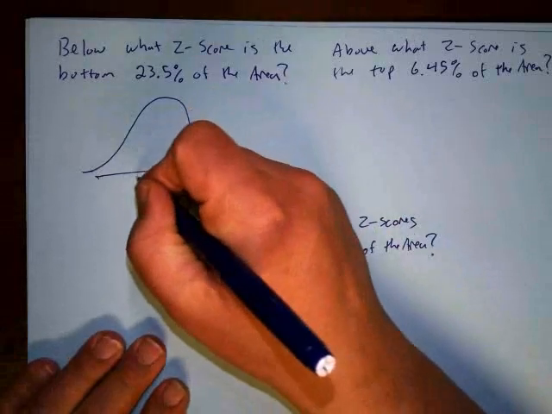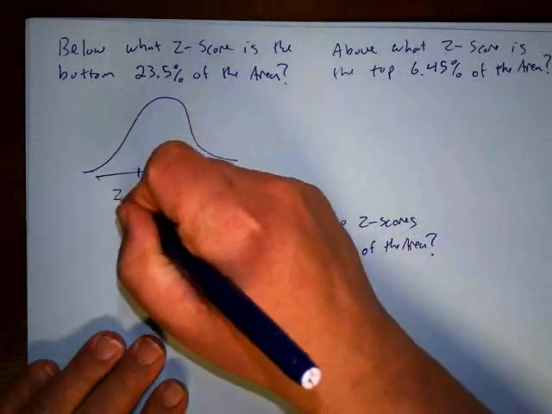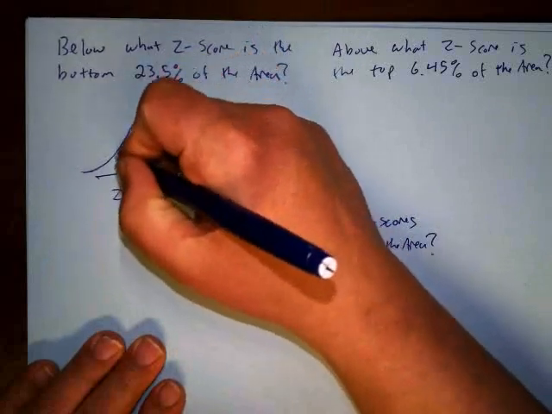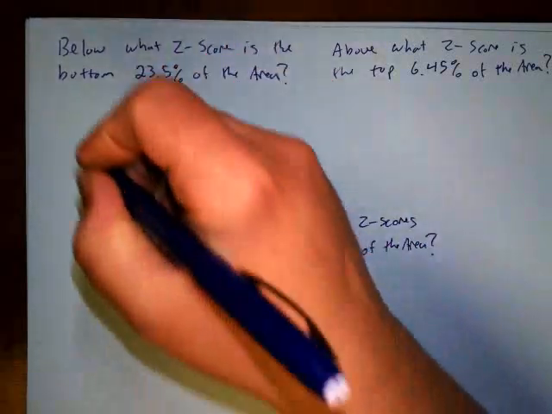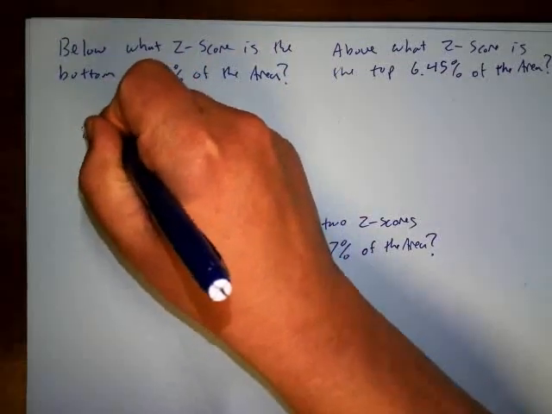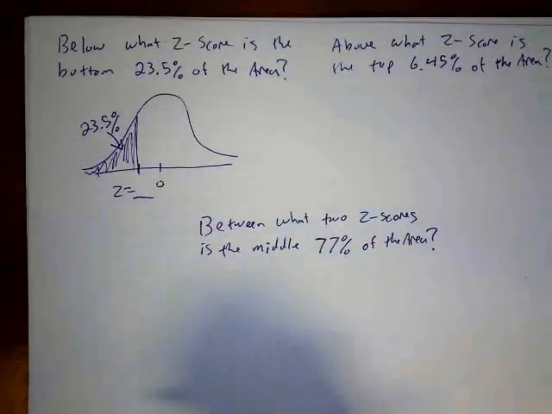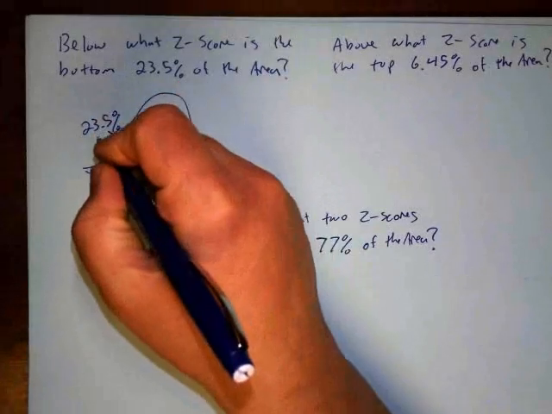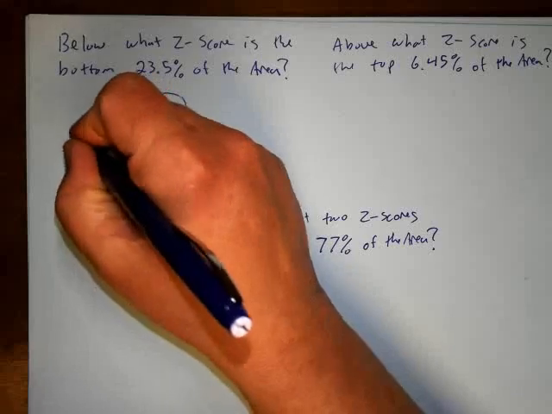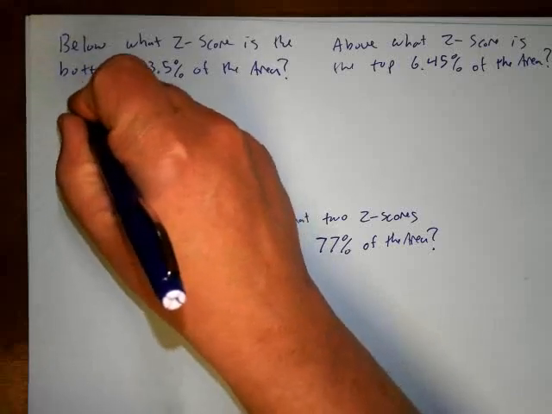It doesn't have to be perfect, but make it realistic. You're talking about 23% of the area, so that's quite a bit of this area. And you want to know what z-score gives you this bottom 23.5% of the area. So what you're going to do is change this to a 4-digit decimal number. That means you move the decimal point over 2 places. Okay?